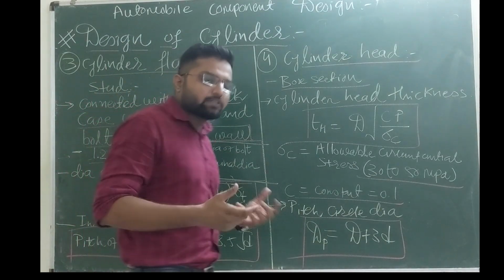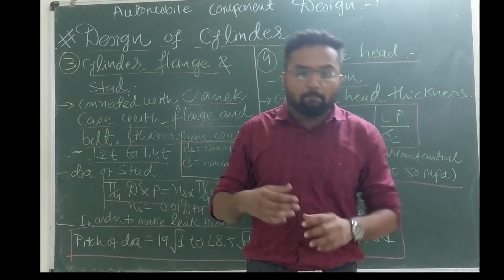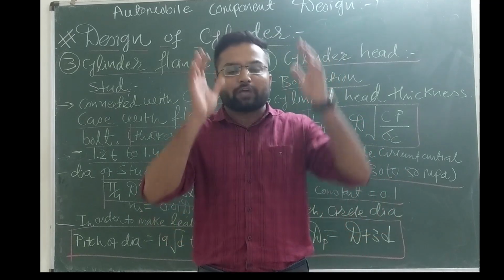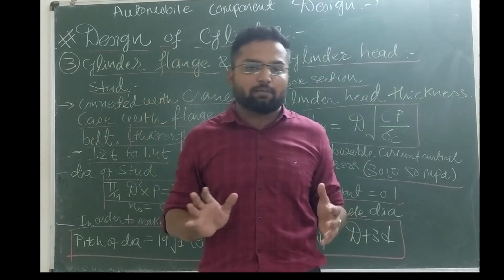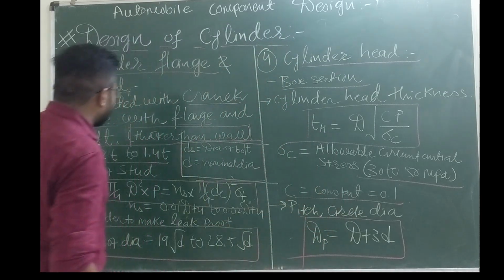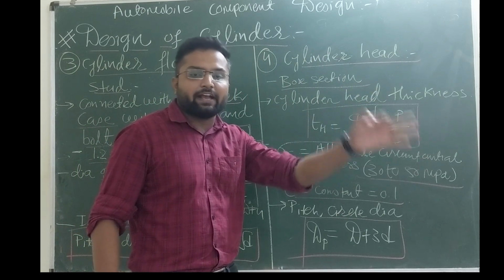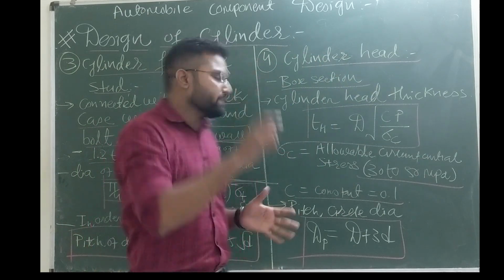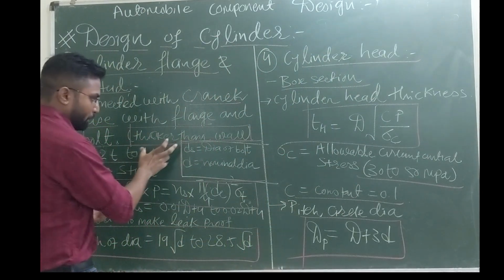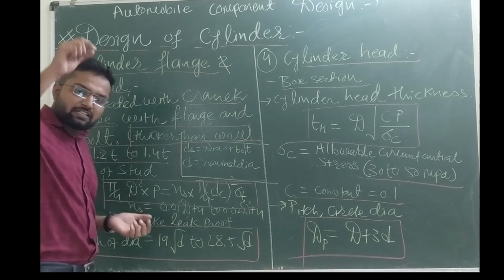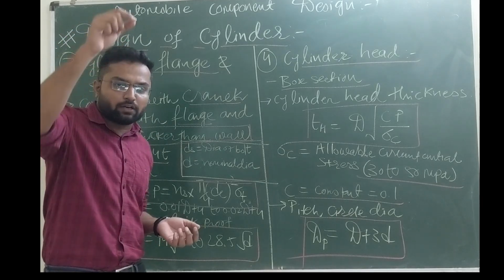This flange and the cylinder block are made of a single piece of material, and that cylinder block is bolted through our cylinder head with our crankcase. The flange is a single component, you can understand this.